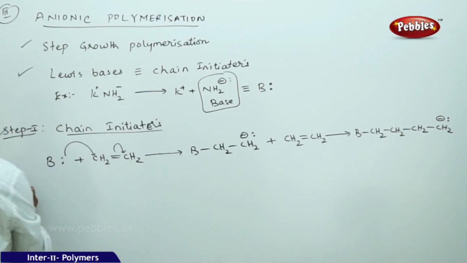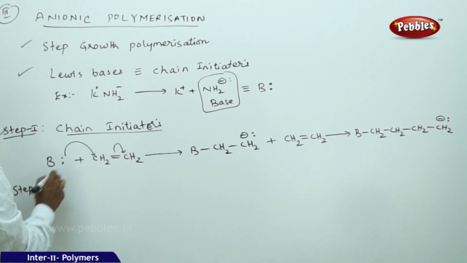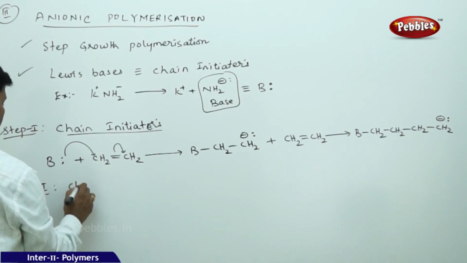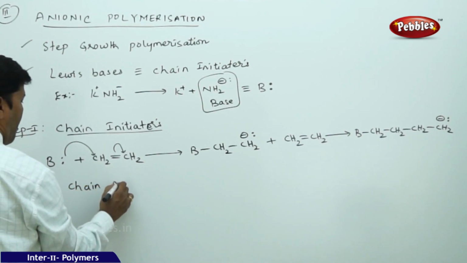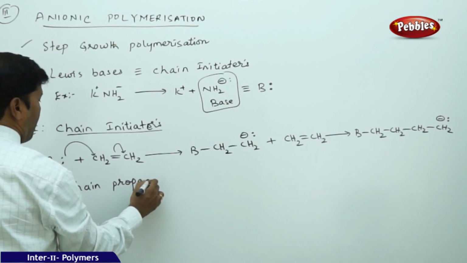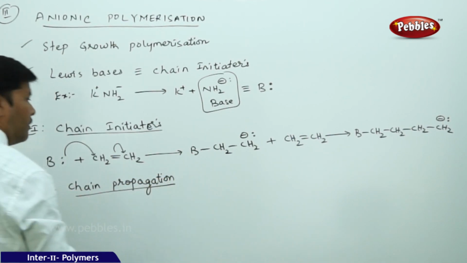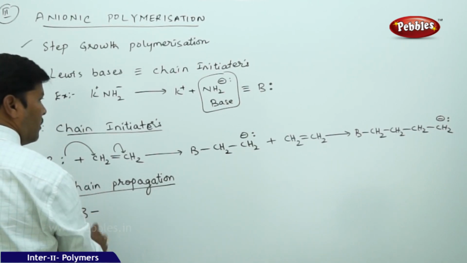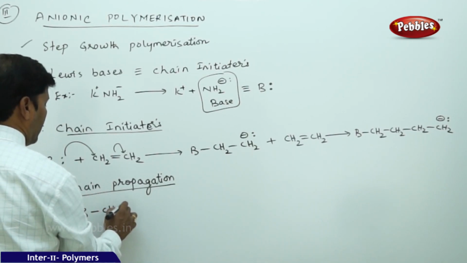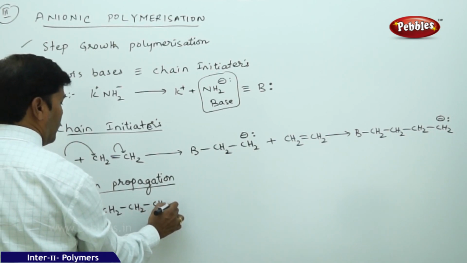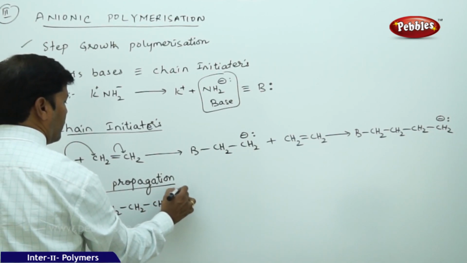This is the chain initiator, now go for the chain propagation. In the chain propagation, the base continues to bond with the hydrocarbon chain, CH2, CH2, again CH2 minus.